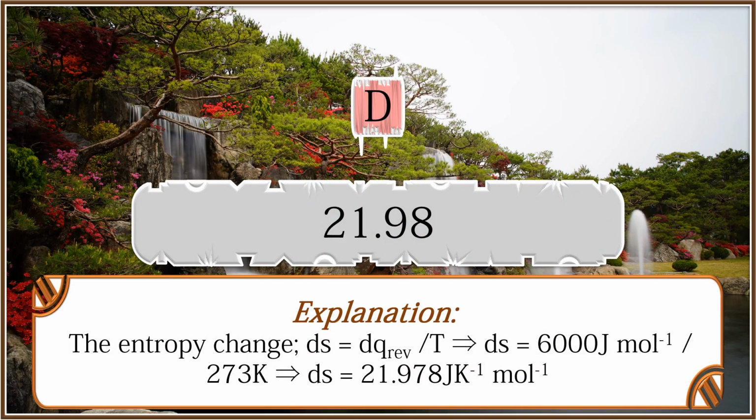The answer is 21.98. The entropy change dS is equal to dQ rev divided by T, equaling 6,000 joules per mole divided by 273 Kelvin, giving us 21.978.